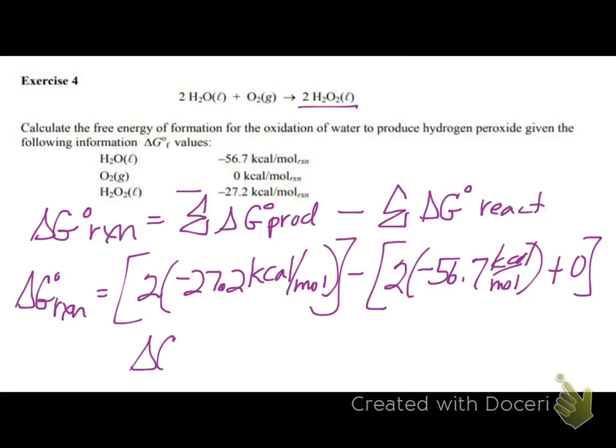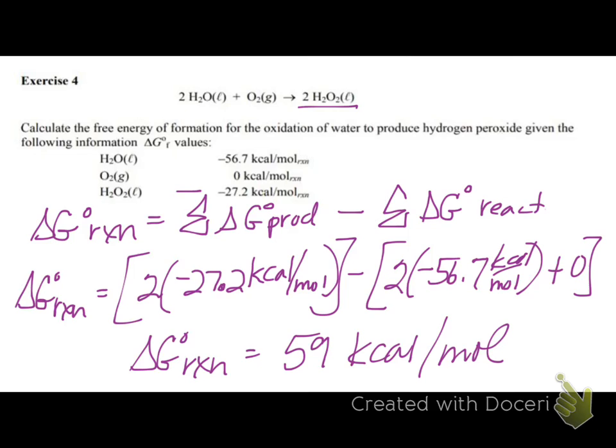So when we get done with that, our answer should be 59 kilocalories per mole. So that one is pretty straightforward, because it's just like delta H. So let's move on. Give you a second to finish writing that. I know I sometimes write too fast. I apologize.